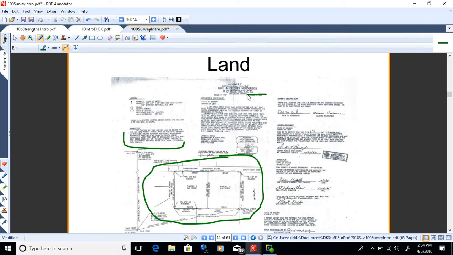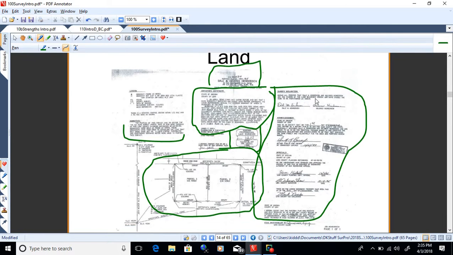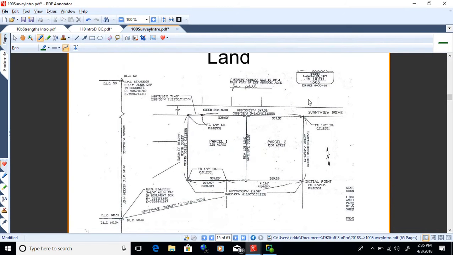They've got a property description here which describes how to walk around the property. They've got the client's name and where the stuff's located. They've got the surveyor's stamp on there. And they've got a bunch of sign-offs for the property owners and the county tax collector and surveyor and all that to sign. Okay. So a zoom in on that survey looks like that, see?